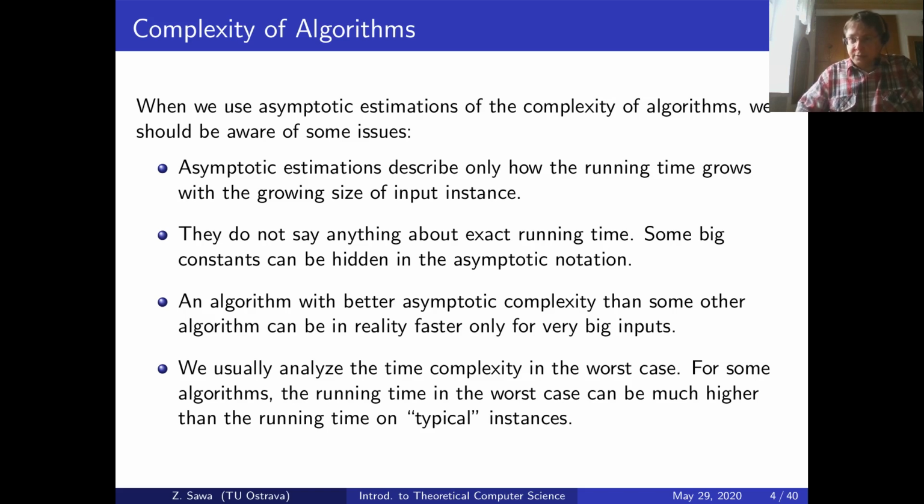But if we consider some small inputs, let's say an input array with 10 elements or something like this, and measure the running time, typically these simple algorithms will be faster than the more efficient algorithms, because they are simple.